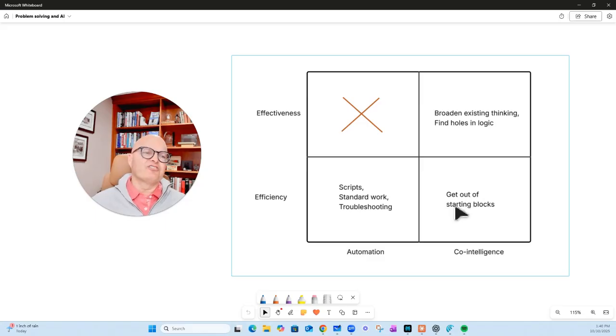And then on the efficiency side, I think it's really just when we're stuck. Our wheels are spinning, we're staring at a blank sheet of paper or a blank screen or a blank whiteboard, or we're not even sitting down because the ideas are just spinning in our head, and using AI as a co-intelligence can push us through the starting blocks, get us moving.